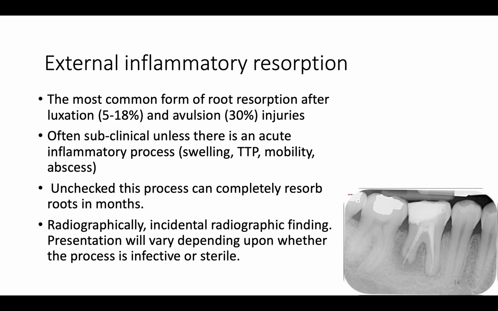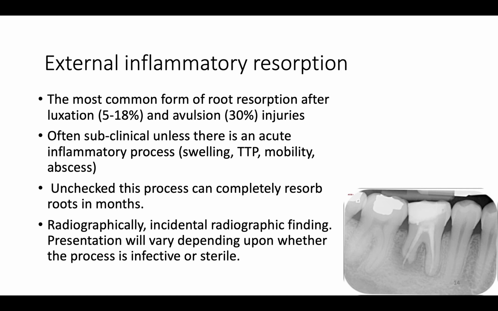The resorption itself is asymptomatic, so often it is subclinical unless the infected necrotic pulp results in an acute inflammation of the periapical tissues, resulting in swelling, tenderness to percussion, mobility, and abscess formation. If this process is left untreated, it can resorb the root in months, so it is very progressive.